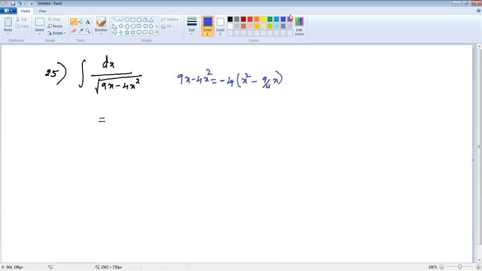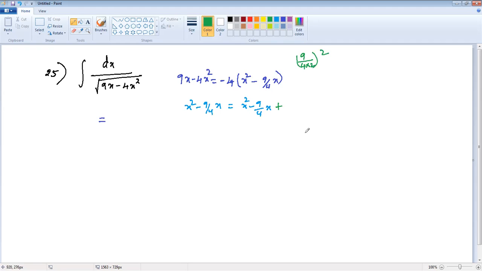and you'll be completing the square for it, like x square minus 9 by 4 x, and you add and subtract what? Half of 9 by 4, right? What is half of 9 by 4? 9 by 8.